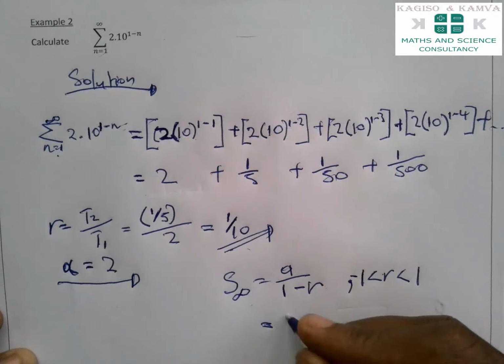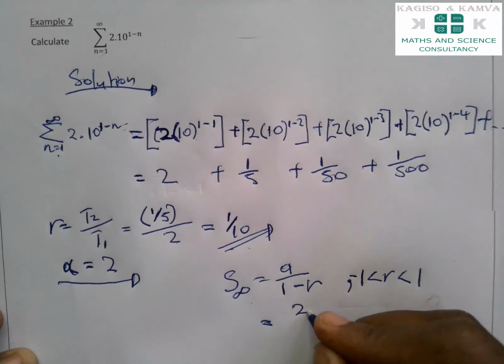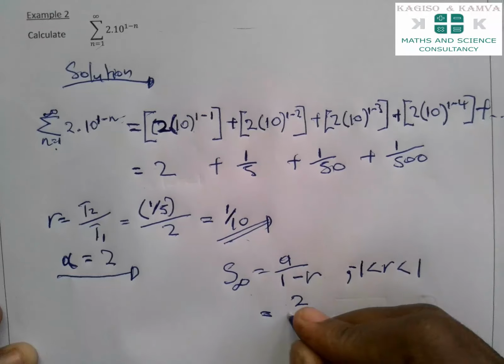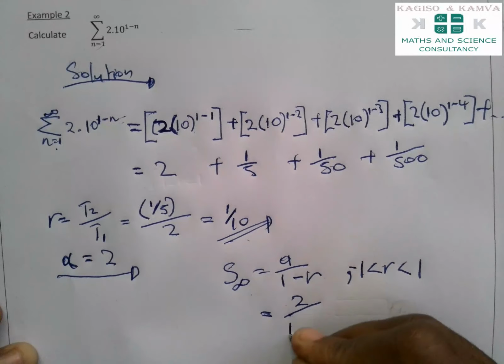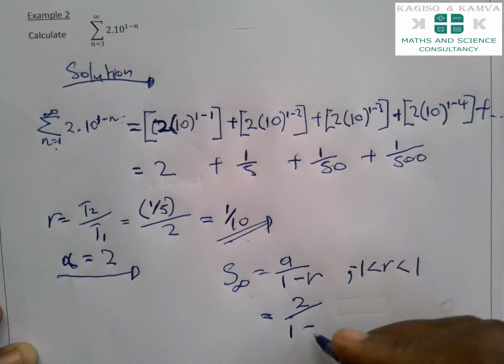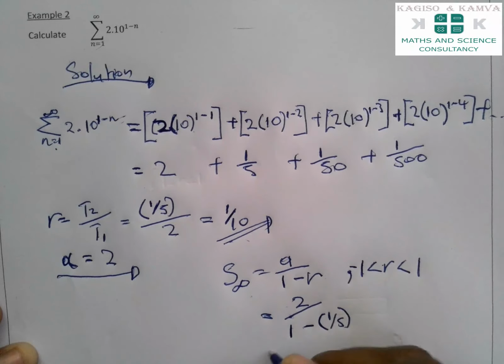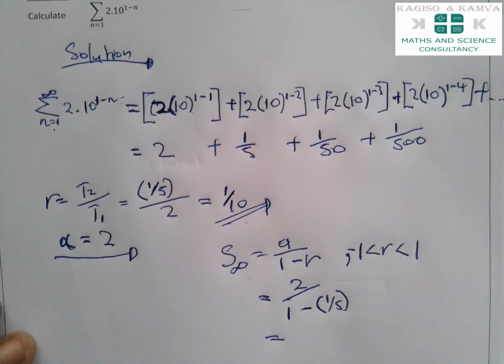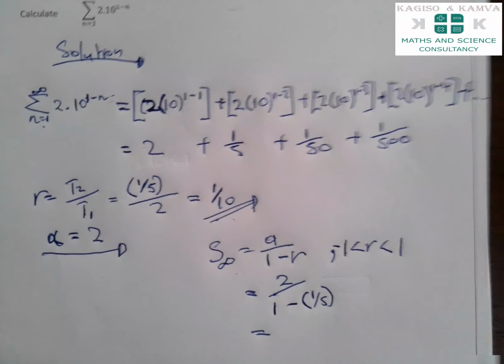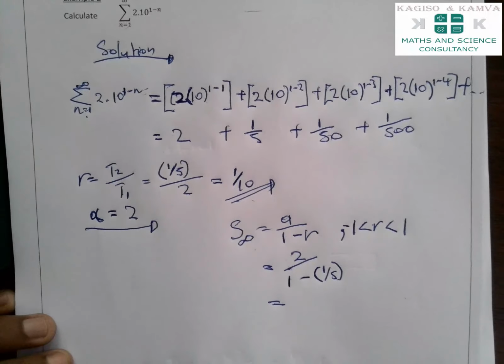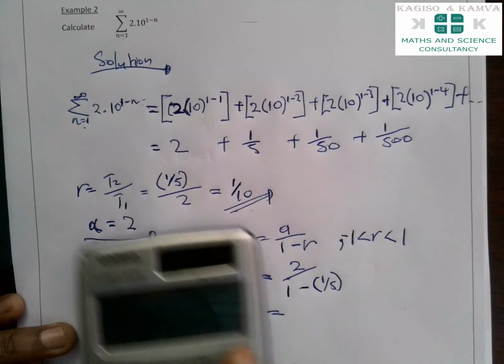So a is 2 over 1 minus 1 over 5. Now our series is going to converge to this number.